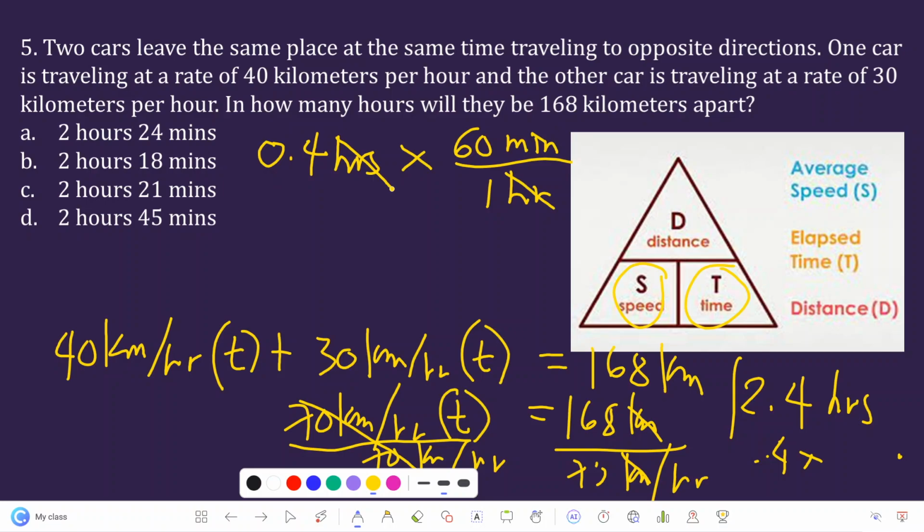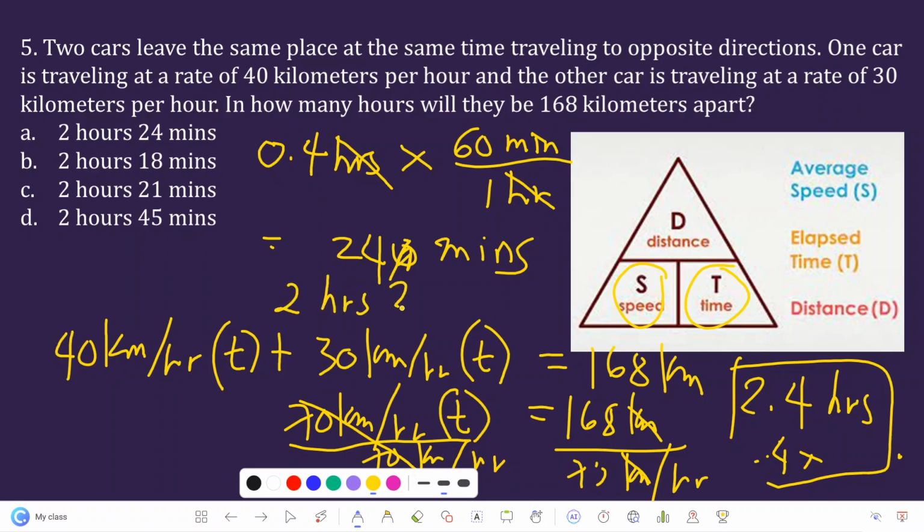Nakikita ninyo. 4 times 0 is 0. 4 times 6 is 24. And you have one decimal point here placed, so you can cancel this one. So this is 24 minutes. And you have here 2.4 hours is simply equal to 2 hours 24 minutes. And that is option letter A.